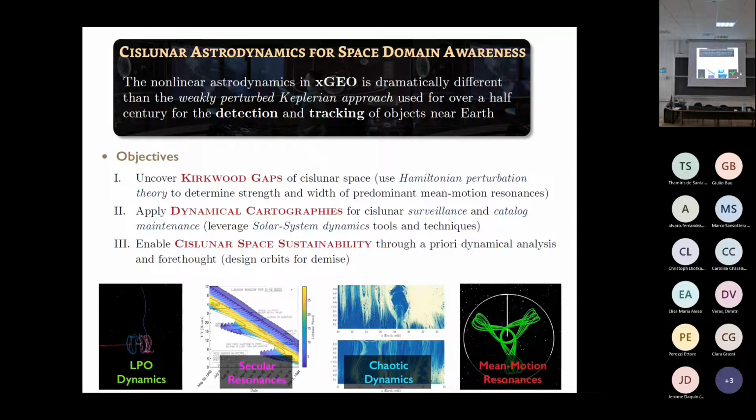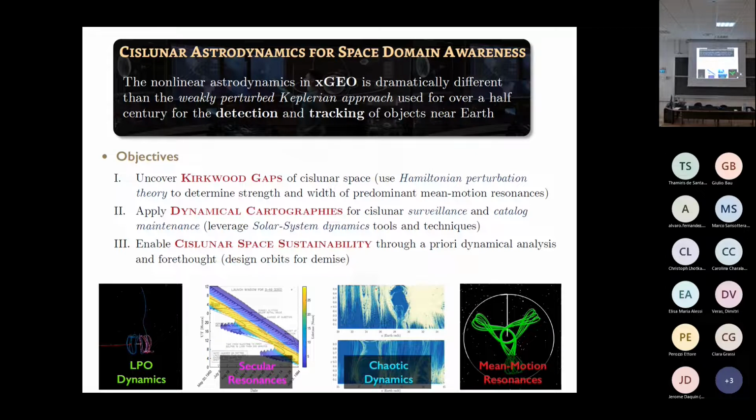The main objectives of this research are to apply a Hamiltonian formulation to determine the strength and the width of the stable libration zones of the predominant mean motion resonances, the 2-to-1 and 3-to-1. These are currently used by IBEX and TESS.